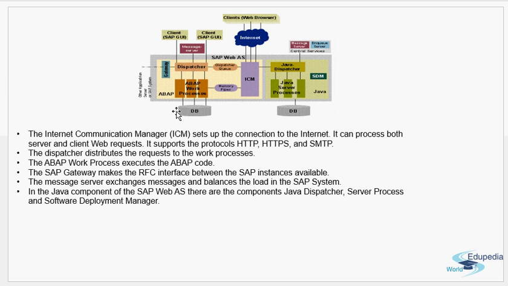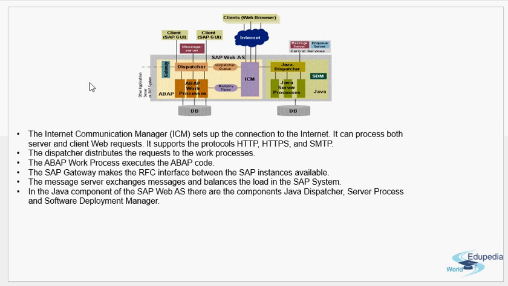The request is processed via the ABAP work process in the database, and again the response is sent back. If it is a web request, it comes to the Internet Communication Manager, then goes to the dispatcher and ABAP work process, and gets processed in the database.